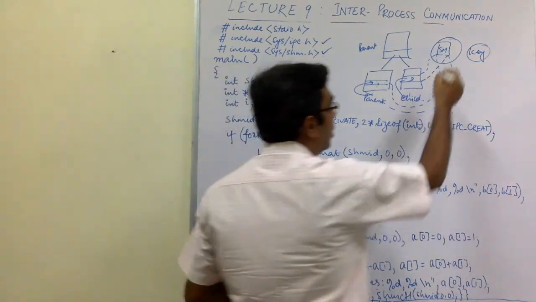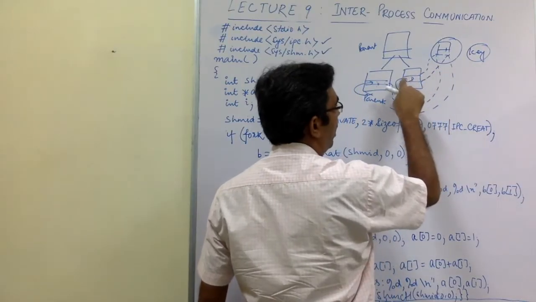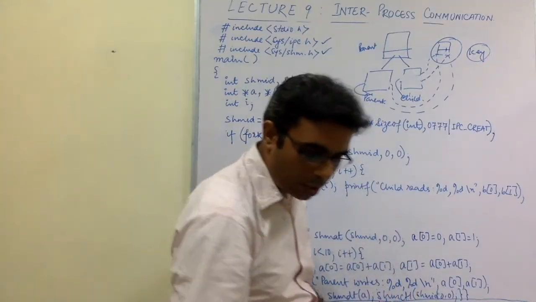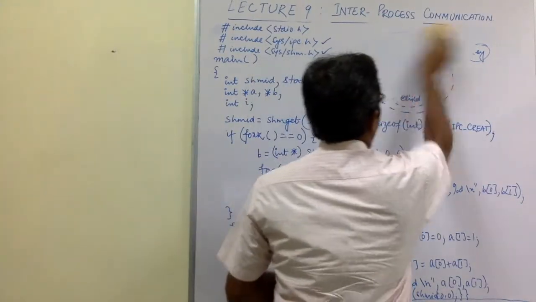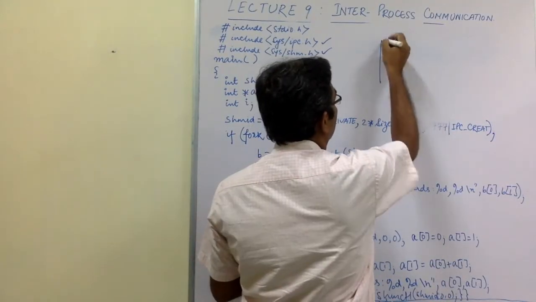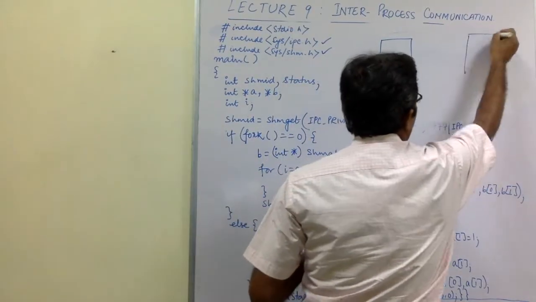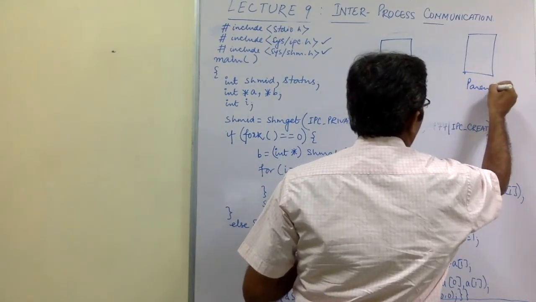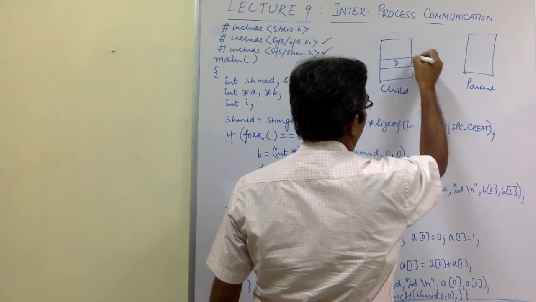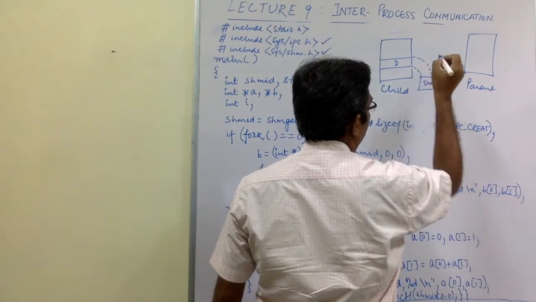So here we have the shared memory, which is nothing but two segments. Let's look at the view here. So this is the child and this is the parent. We have a data segment of the child here, and that's the shared memory segment that has been attached.